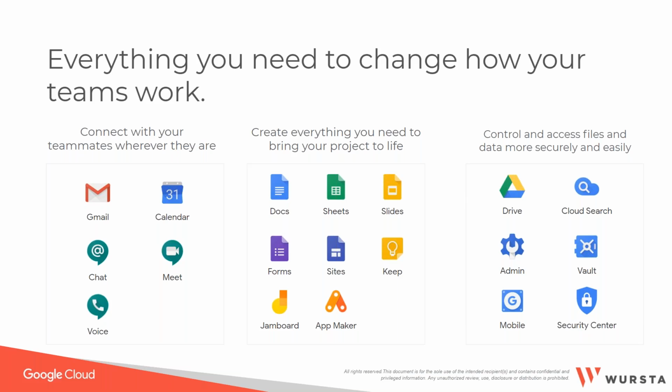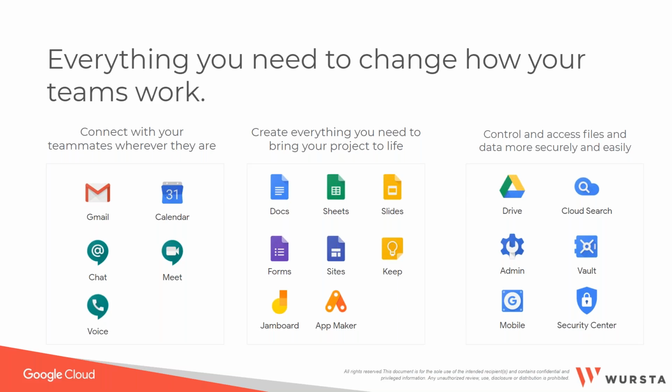You've got Google Keep, which is a note-taking application, and Jamboards for doing whiteboarding in real time with another location, which is really cool. App Maker, which you can use to create some low-code applications for automations and other things like that.